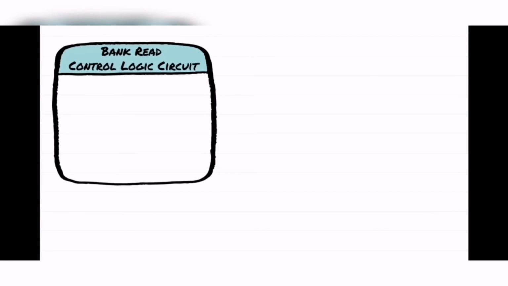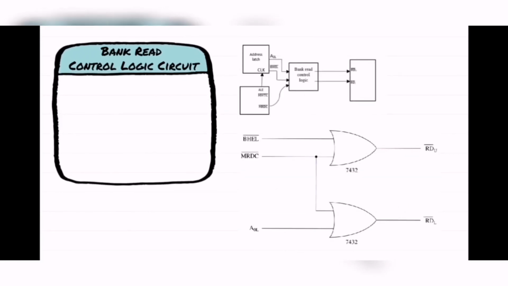Next, I will talk about the bank read control logic. So, the bank read control logic is basically similar to the bank write control logic. The difference here is that the 8288 bus controller uses MRDC, or memory read, as the input for the bank read control logic to produce the read upper and the read lower into the memory subsystem.